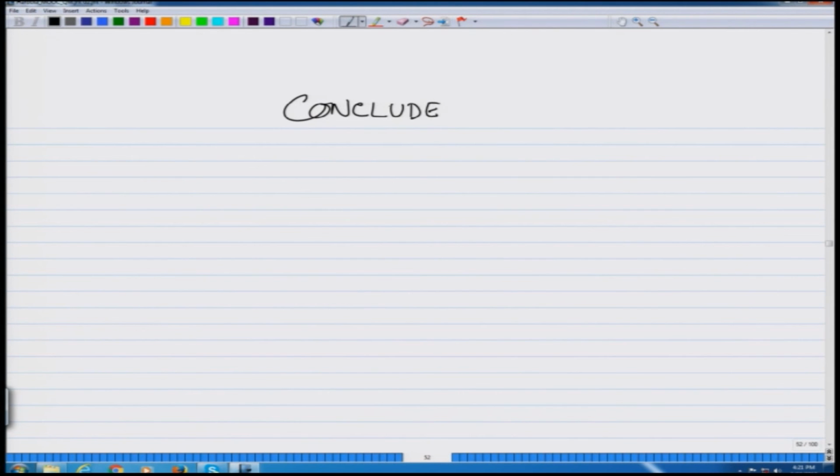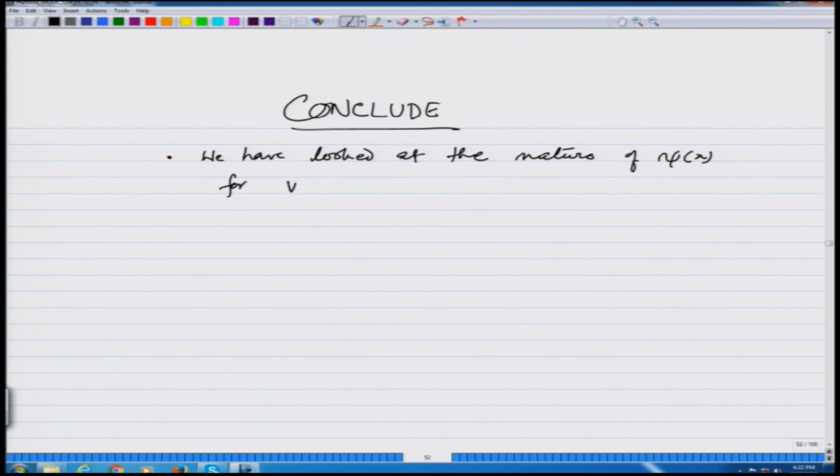this lecture by stating that we have, first, looked at the nature of psi x for V x equals V minus x potentials.